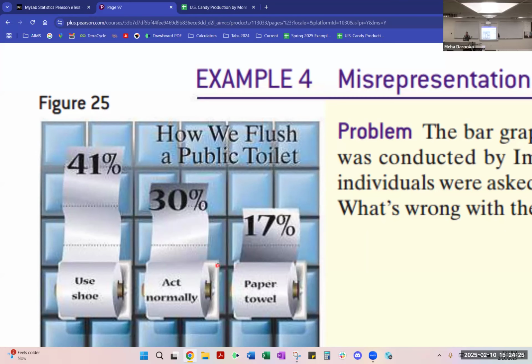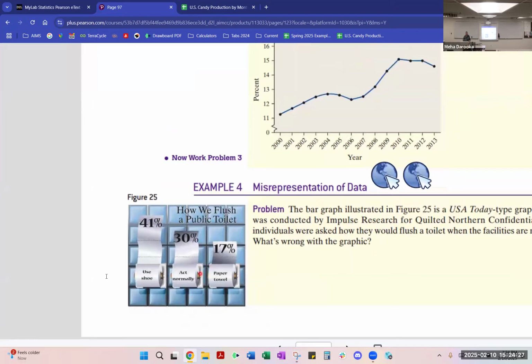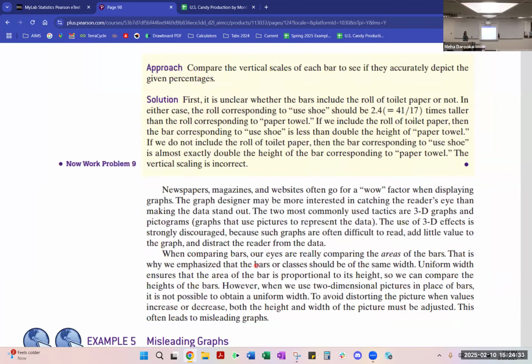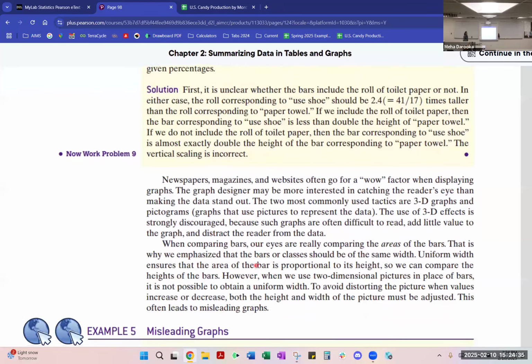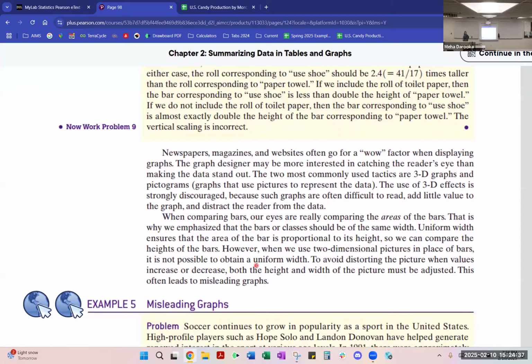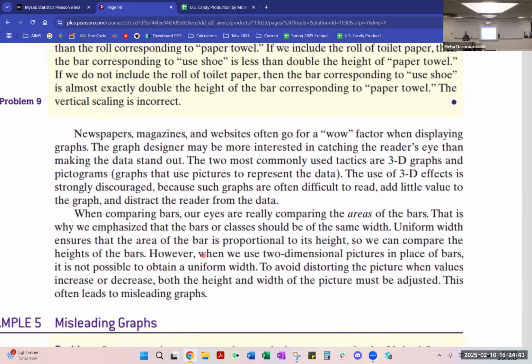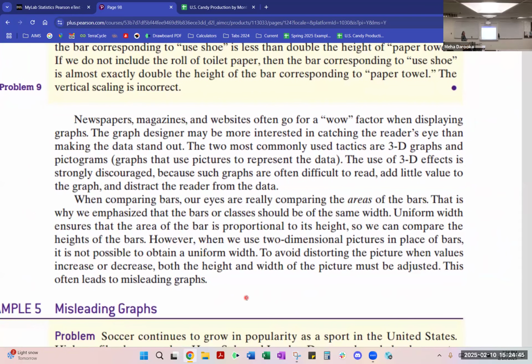So that vertical scaling, and I know it looks very cutesy, and they're trying to get their point across, but that graphical depiction can be very important. A lot of magazine articles, newspapers, and websites also, since that's where we go for our news anymore, go for that wow factor when displaying the graph.